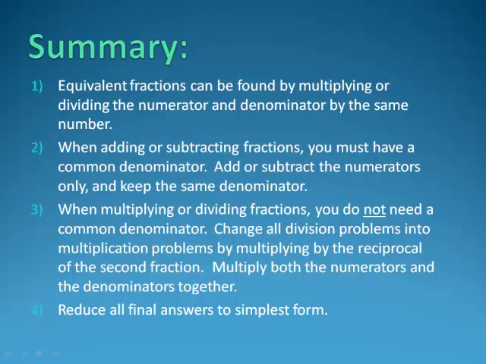When multiplying or dividing fractions, you do not need a common denominator. Change all division problems into multiplication problems by multiplying by the reciprocal of the second fraction. Multiply both the numerators and the denominators together. And finally, for any fraction problem, reduce all final answers to simplest form.